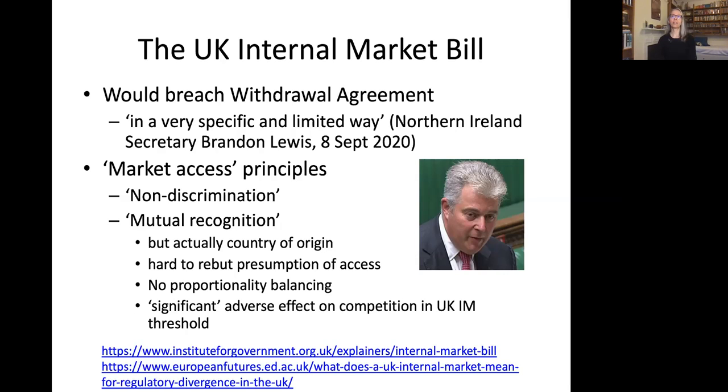That is a higher threshold test than in EU law, where there is in effect no de minimis rule under the Dassonville case. But under the UK Internal Market Bill, once a measure is caught, there is only a limited set of legitimate reasons for the devolved UK jurisdictions to protect their rules. Public health is included, but not protection of the environment or of consumers.